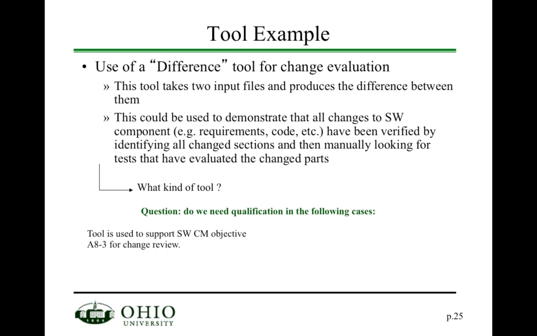So I take the diff tool and use it to demonstrate that all the changes I made to my software component, both requirements and code, have been verified by identifying all the changed sections and then manually checking whether tests have been evaluated for just these changed portions.